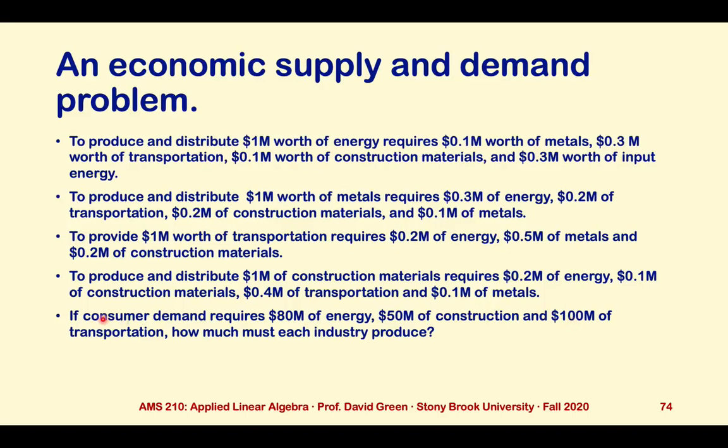And so if consumer demand was for $80 million worth of energy, 50 million of construction, and 100 million of transportation, with no consumer demand for raw metal, how much must each industry produce to satisfy both the consumer demand and the demands from all of the sectors that are needed to produce that material?